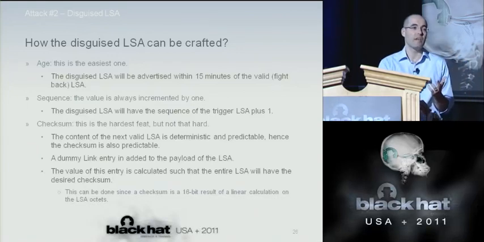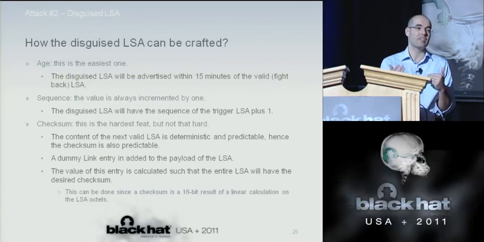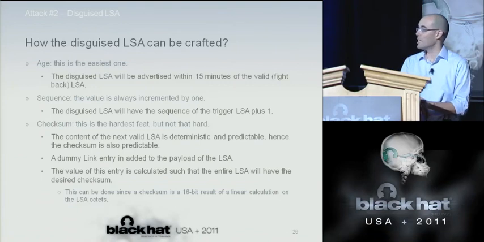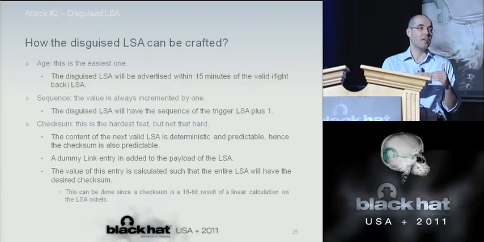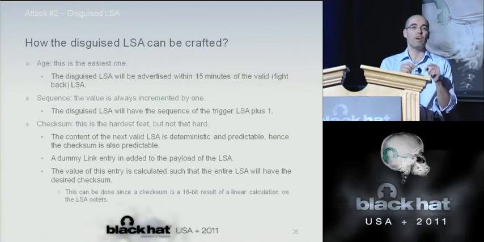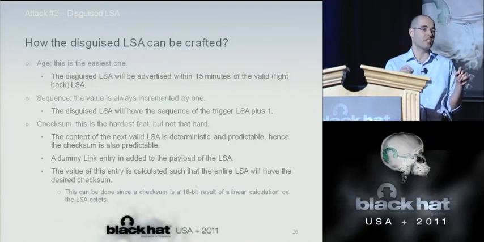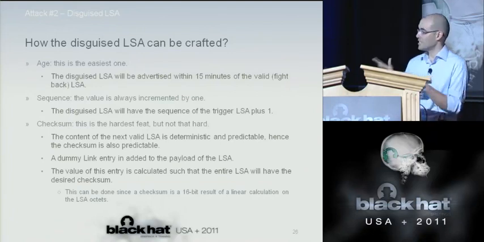Since all the links of the victim usually remain the same, they do not change very rapidly, and the header of the LSA is also very predictable, this means that the checksum of the fightback LSA is also very predictable. So we know how to compute the target checksum value. This is the first stage.